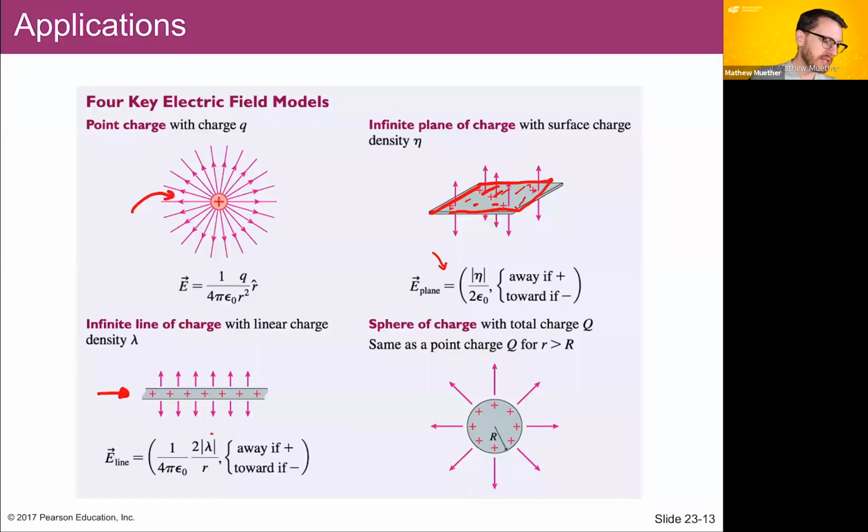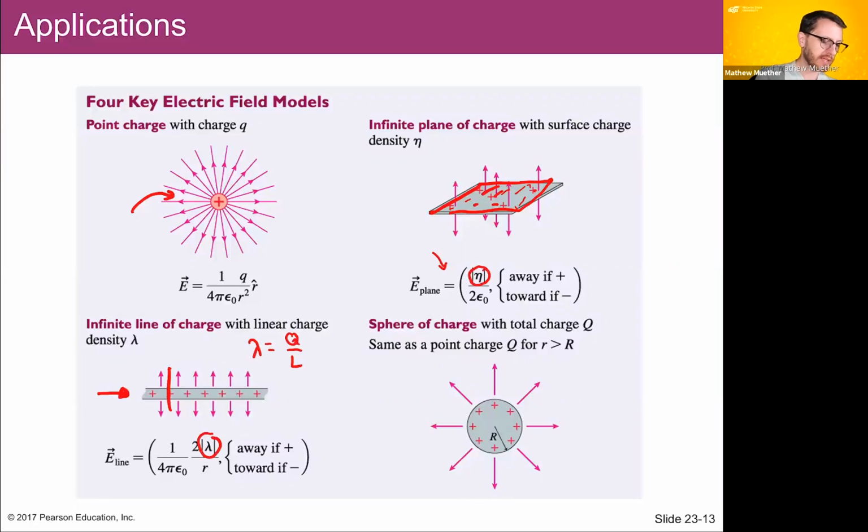Notice that I have these quantities coming in here, this lambda and this eta term. These are charge density expressions. The definition here of lambda is the linear charge density. It tells me how much charge per length I have built up on this rod.